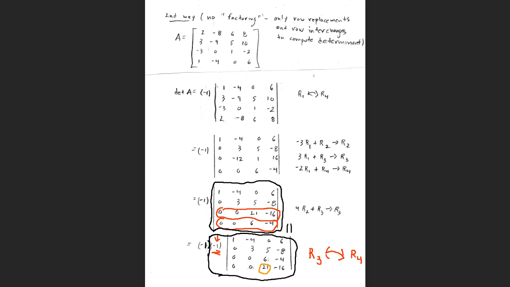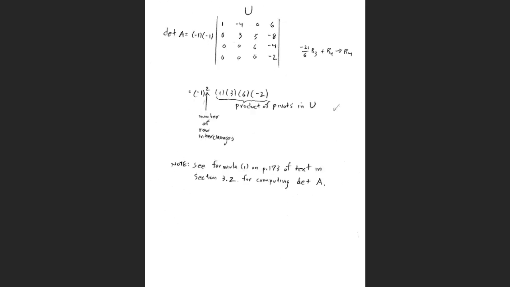So I'm going to have to take the third row and multiply it by -21/6 and add it to the fourth row. That's the row operation. And it doesn't change the value of that determinant because you're applying theorem 3A, property A.